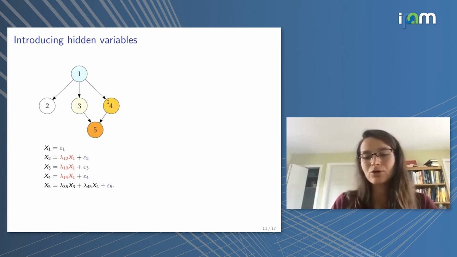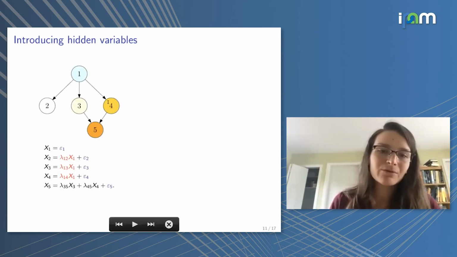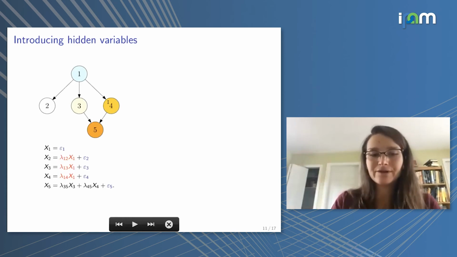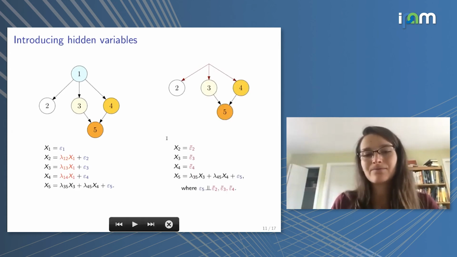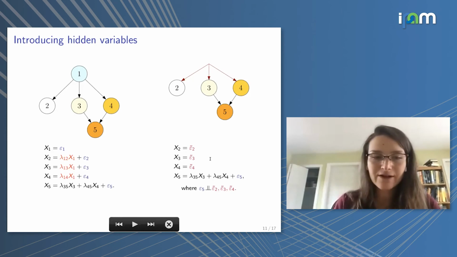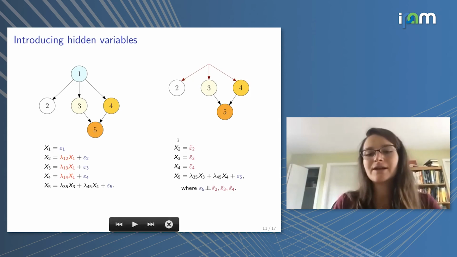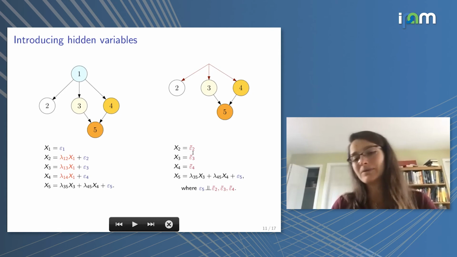And it could be more complicated as well, because maybe one variable causes 3 or more variables, right? So let's say 1 is hidden, but it has more than 2 children. Then again, our equations are going to look like this. So x1 is gone, and x2, x3, and x4 are just some noise terms, but they're now dependent, and they're still independent from epsilon 5.